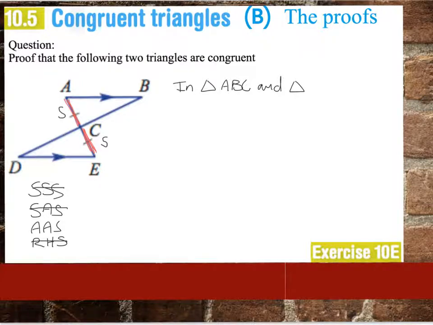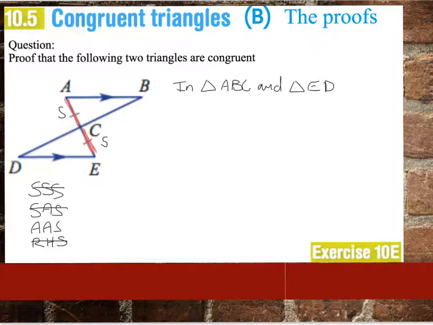So let's see, if I have angle A and I have a parallel line DE here, I can say that angle A is the same as angle E. So which means, just to get our order right, I can then say A is alternate to angle E. I then have angle B, the same as D, because if I have 2 parallel lines with a transversal, then angle D will be the same as that.